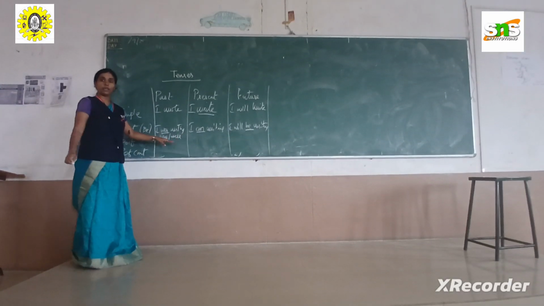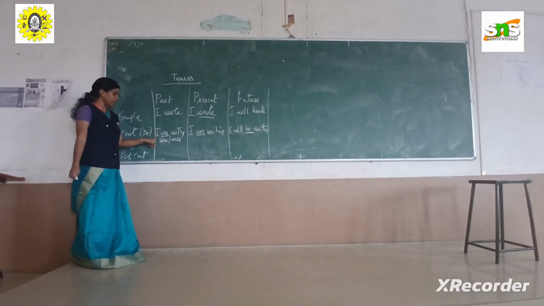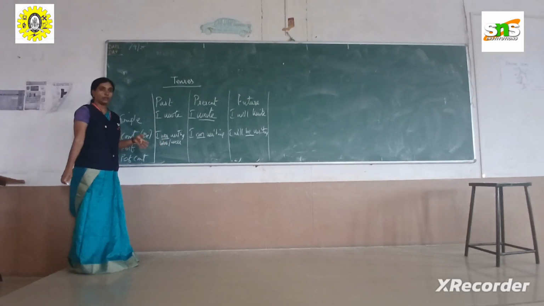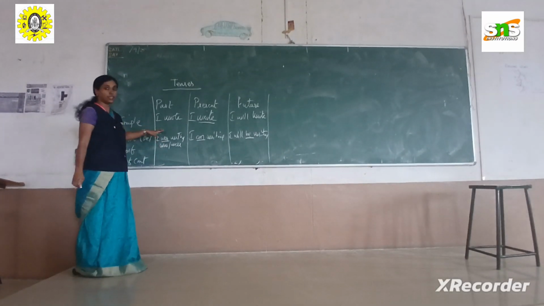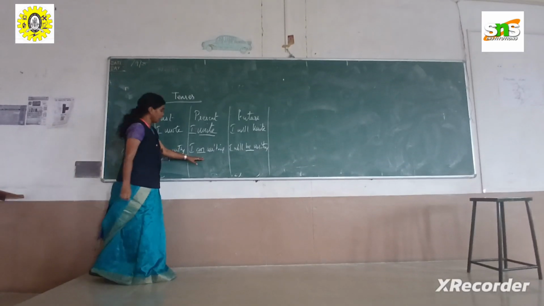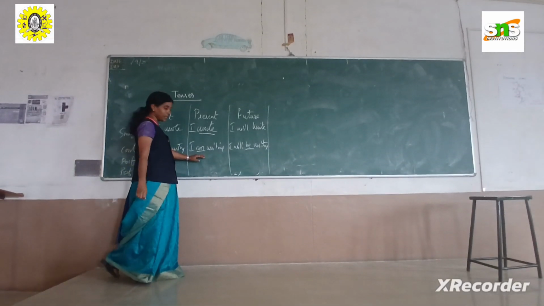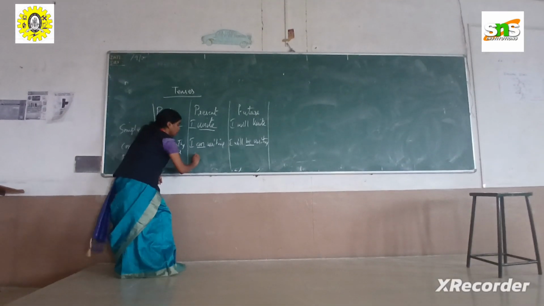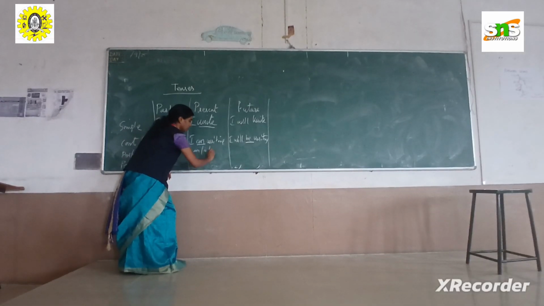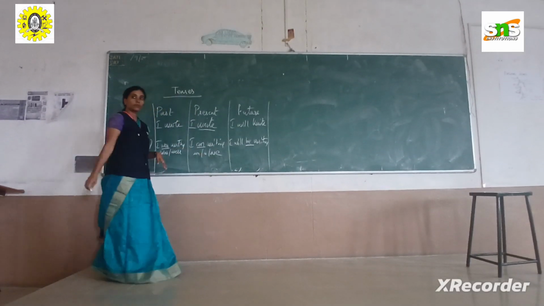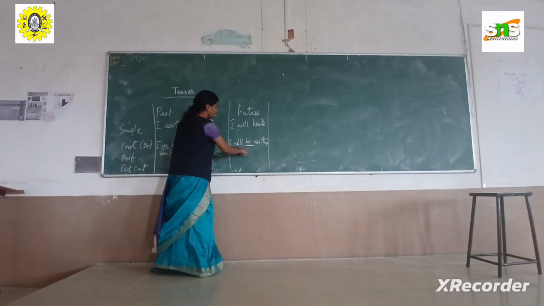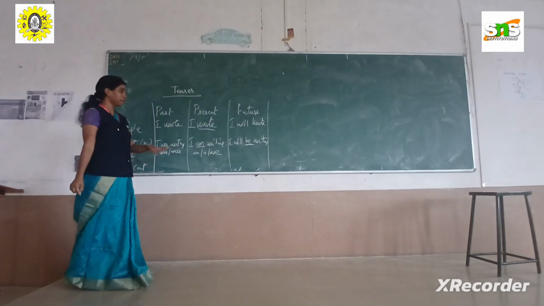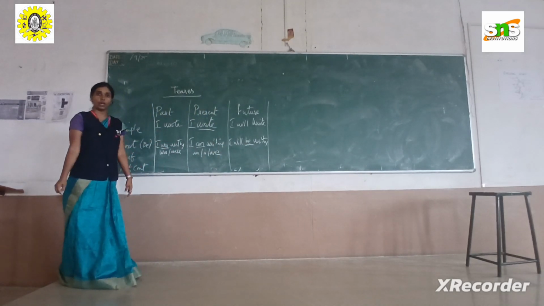It depends on the person. So it is I was writing. If I use some other person, they were writing. If it is present tense, we are supposed to use am, is, are, the be verbs. And in future continuous, be itself we are using as the be verb.